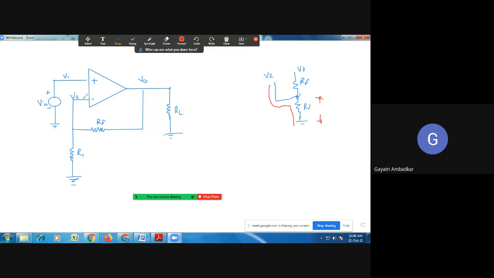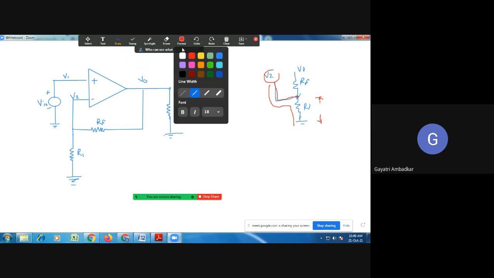This point is connected to R1, so the voltage across R1 is nothing but V2. So where is the feedback voltage appearing? Part of the voltage present across R1 is connected to the input. So I will call this the feedback voltage, VF.